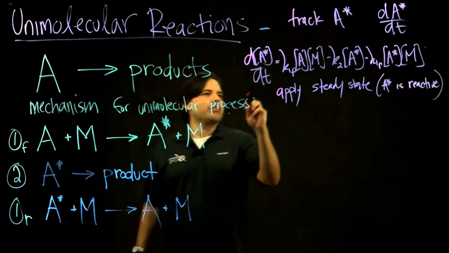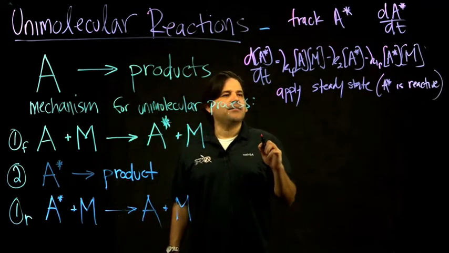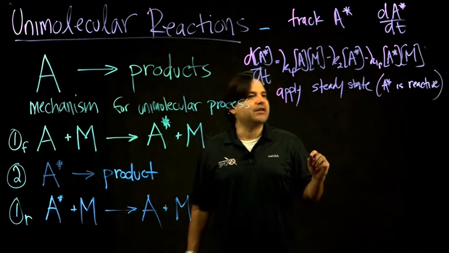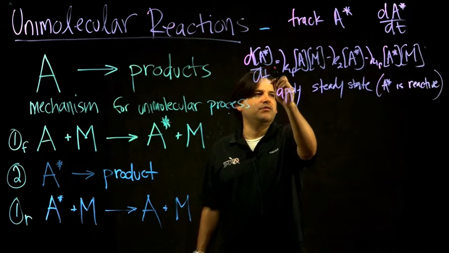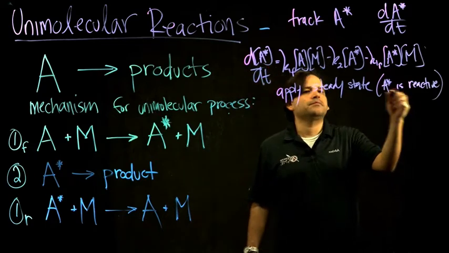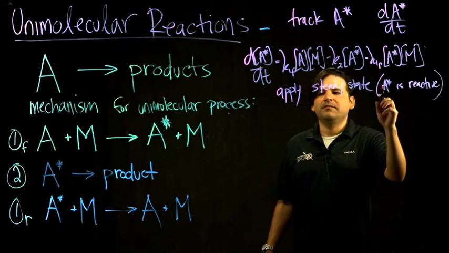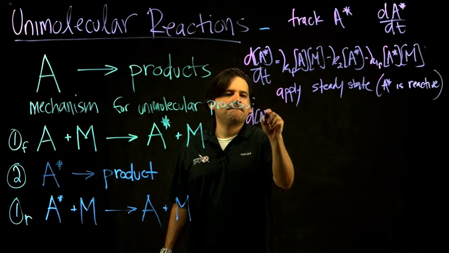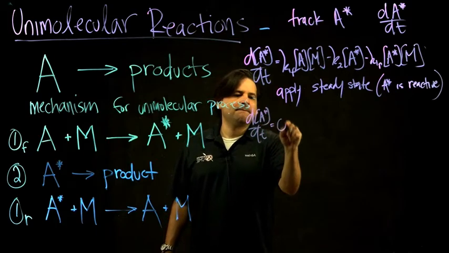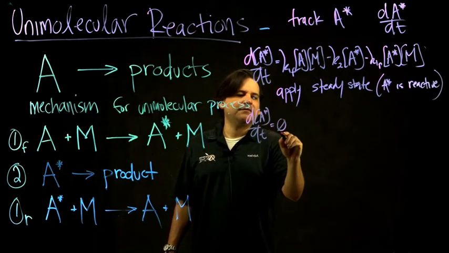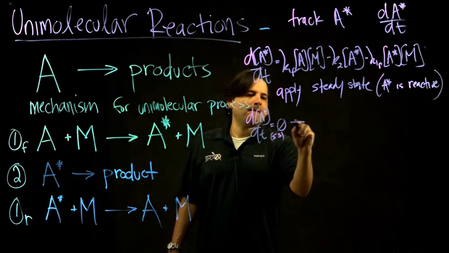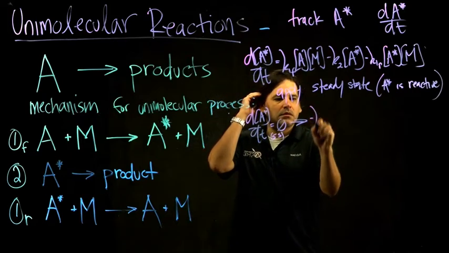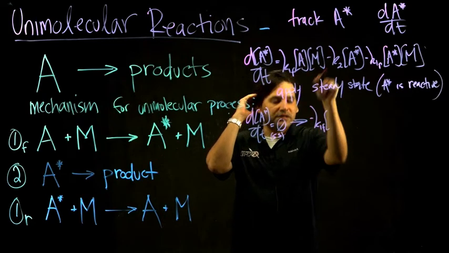But let's see how this analysis looks by applying the steady state approximation. So if we were to say this dA star/dt would be 0, that means steady state. At steady state, you can relate these to each other.